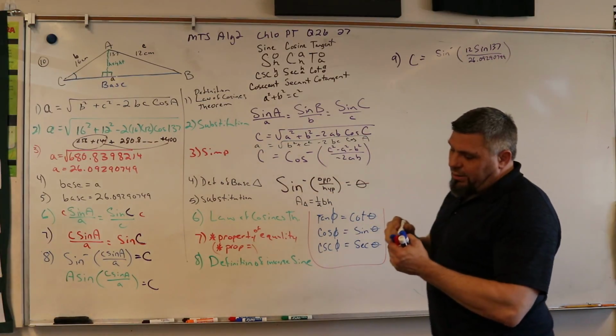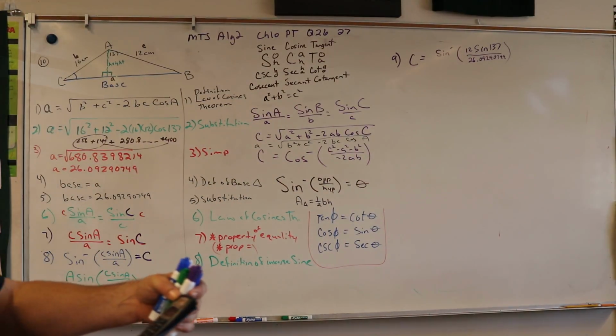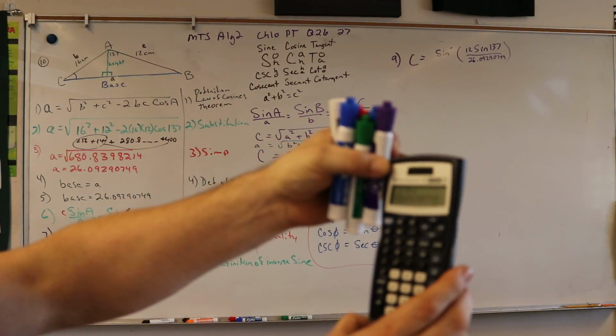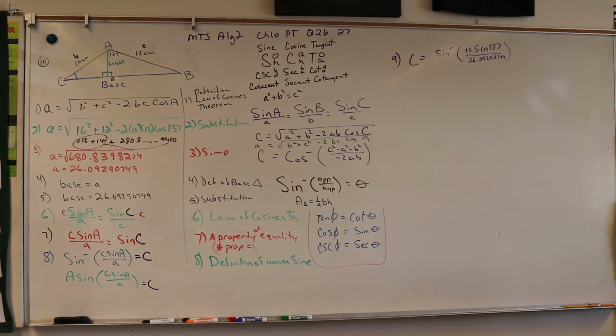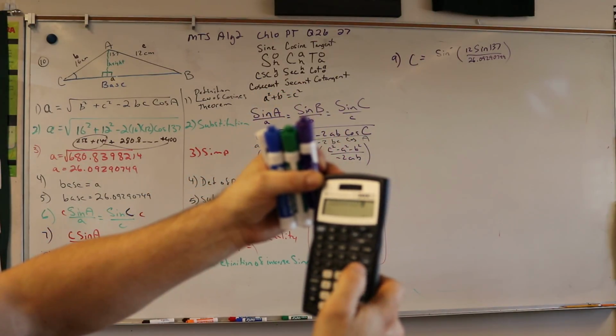26.09290749. Okay? So then I take that calculator, turn it back on. My answer, that 26.0, it's still in there. So what I can do is I can say 12 times the sine of 137, right?